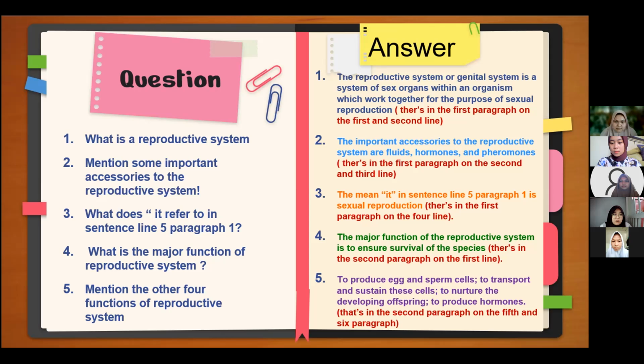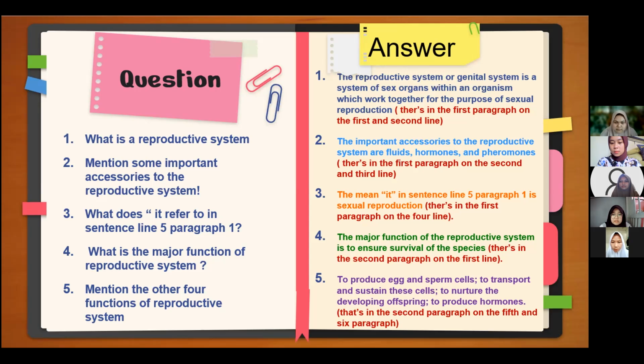Number 3, what does it refer to in sentence line 5 paragraph 1? The meaning of it in sentence line 5 paragraph 1 is sexual reproduction.